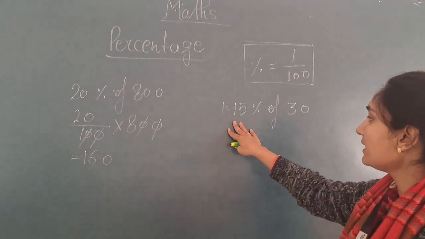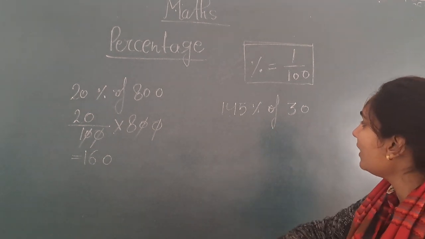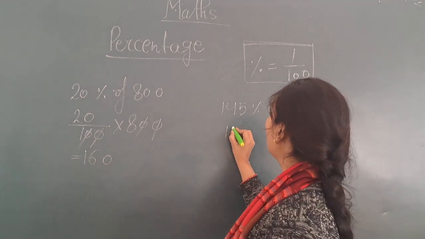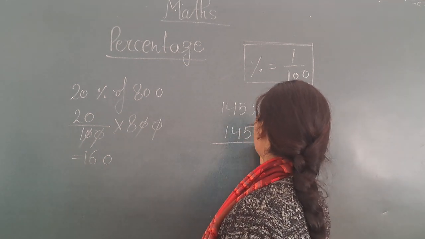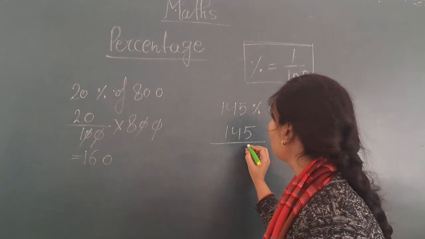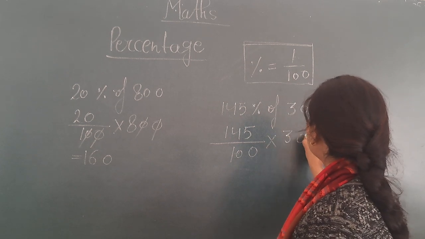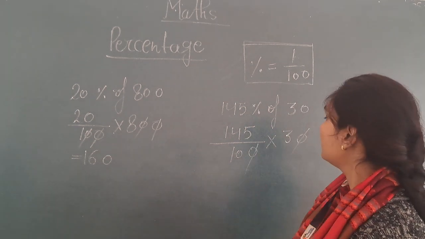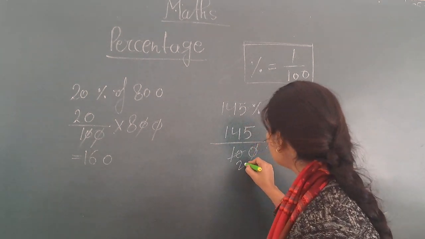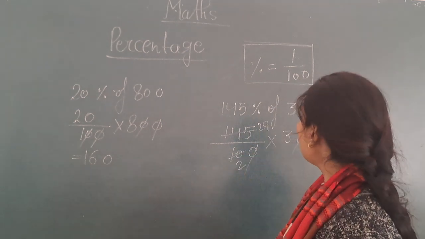Okay. Now the next example, 145% of 30. What will be the value? For 145%, we will place 145 upon 100, multiplied by 30. We can cut a 0. Now by 5, 5 2s are 10, 5 9s are 45.